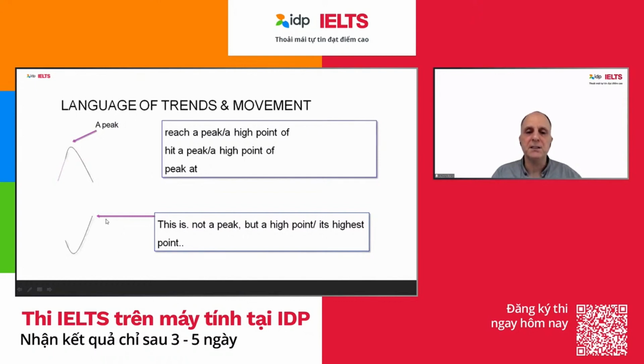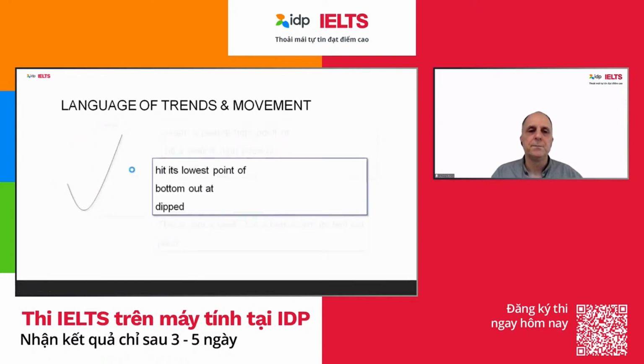It finishes at a high, at its highest point. Remember a peak should go down like that. Once again, going the other way, hits its lowest point of, dipped on here as well. So remember those.